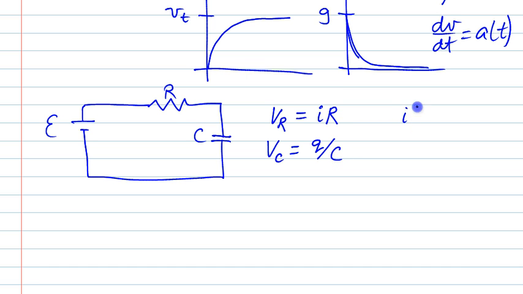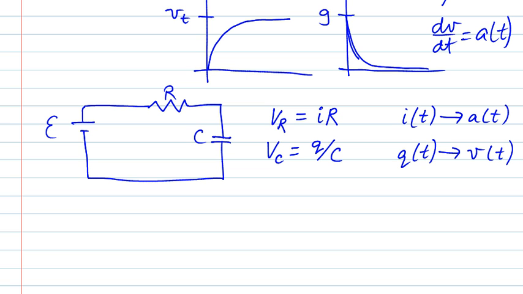And we must recognize that both the current and the charge are functions of time. And the other thing that we're going to find out is that the current actually kind of corresponds to acceleration, and the charge corresponds to velocity, at least in the way that it behaves.